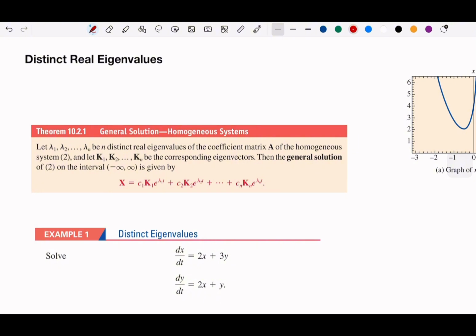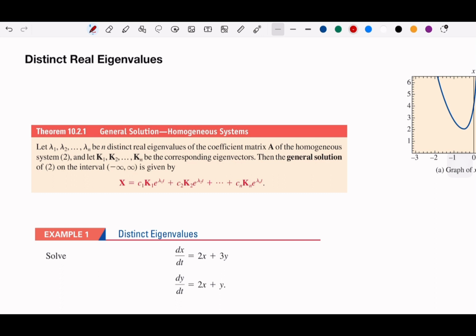And then we have the counterpart, the eigenvectors. So the general solution depends on how many eigenvalues we find. Each one of them gives a different solution, and we call this the fundamental set of solutions for the homogeneous system.